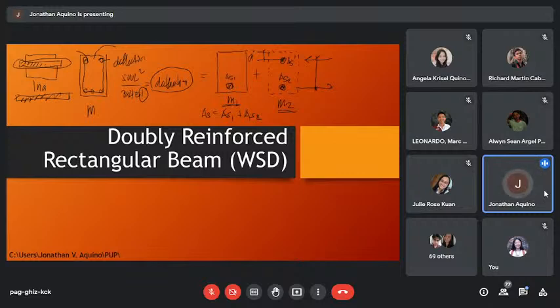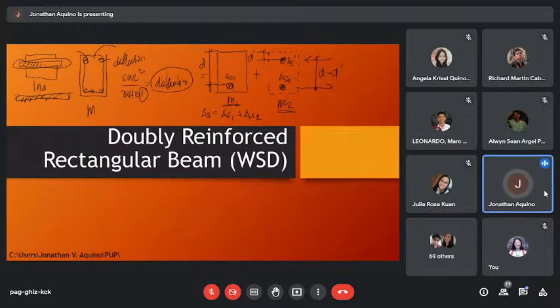So the internal couple has a lever arm of, if this is D, or the effective depth, the lever arm for this fictitious beam is D minus D prime.